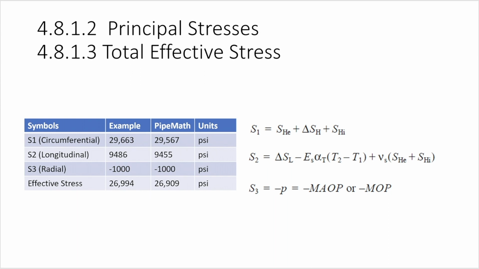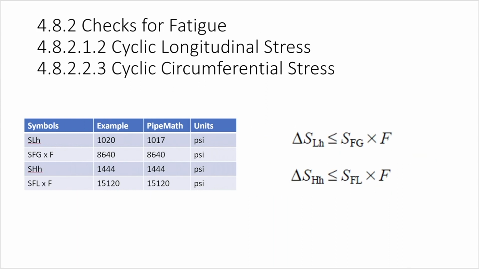And finally, the effective stress is 26,900. This is the last slide where we are comparing the checks for fatigue, cyclic longitudinal stress and cyclic circumferential stress. And again, you can see the example in the second column and PipeMath results in the third column. They are fairly comparable or the same.